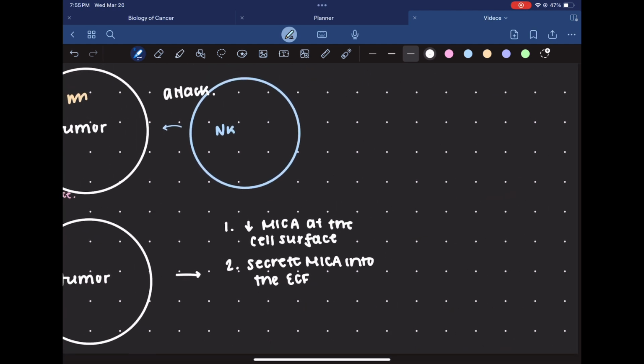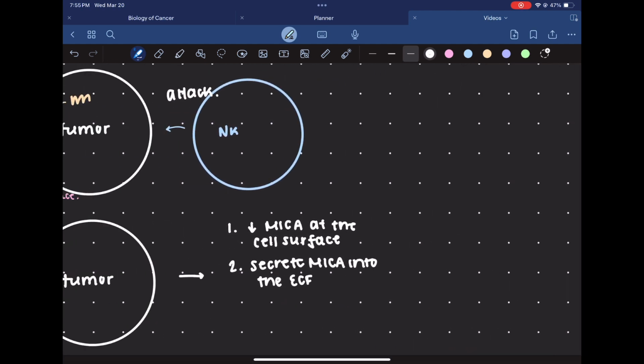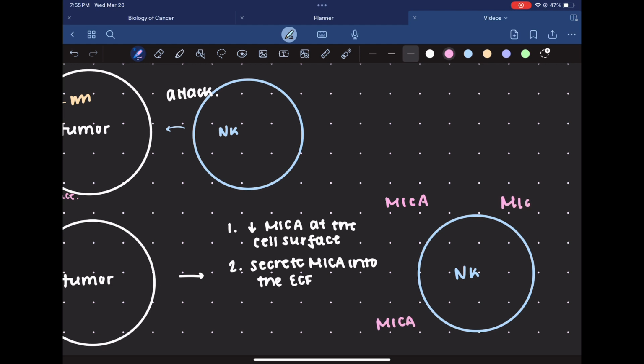And these are going to act as a decoy, where if we have our NK cell and we have all of this soluble MICA surrounding it, our NK cell isn't necessarily going to know that this MICA isn't attached to a cell.